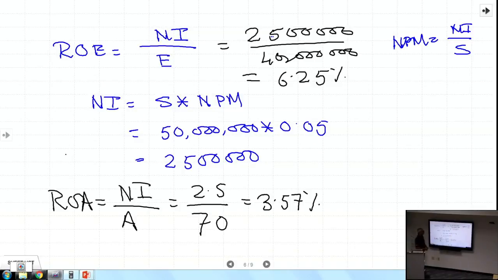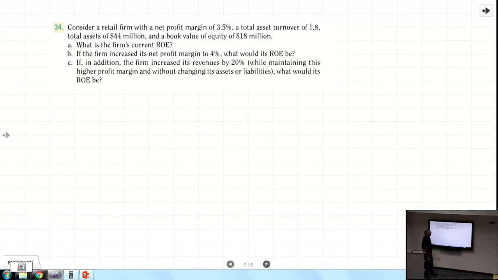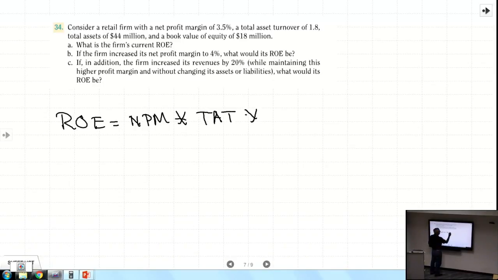Okay. Question number 34 asks us to use the DuPont identity. If you remember, in the DuPont identity, return on equity equals net profit margin times total asset turnover times total assets to equity.